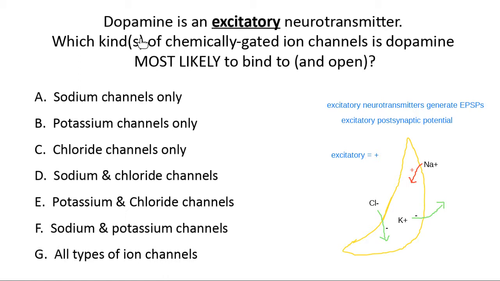So when we're talking about an excitatory neurotransmitter, which of these ions that we mentioned here, sodium, chloride, or potassium, which of these ions generates an EPSP, an excitatory postsynaptic potential?